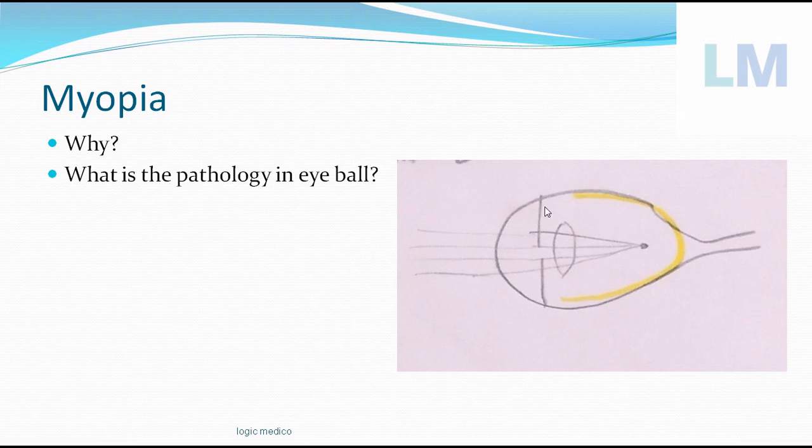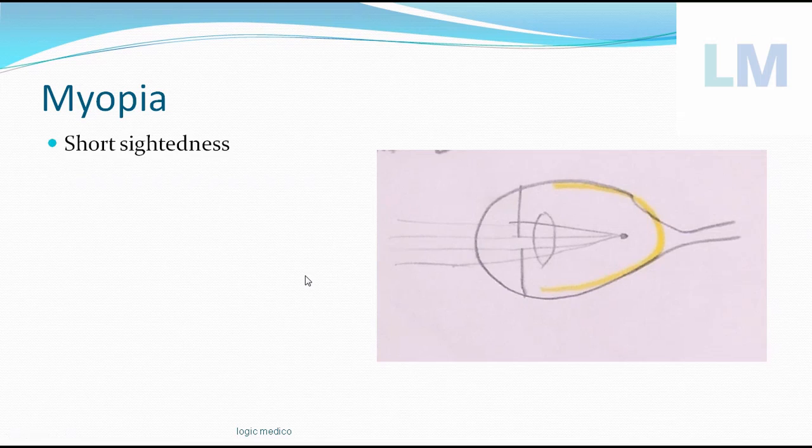When it falls in front of the retina, it will not be that clear. It has to fall on the retina. So if an eye is like this, where the eyeball size is enlarged, it's called myopia. That is the basic pathology involved in myopia.